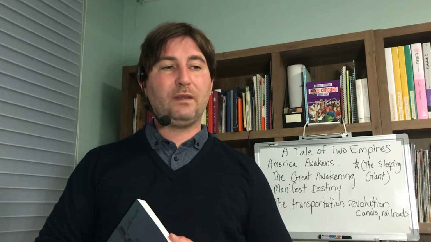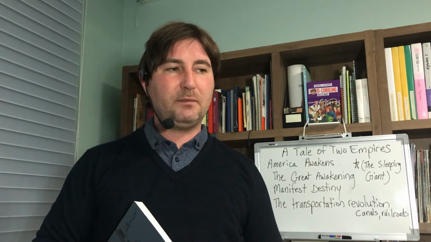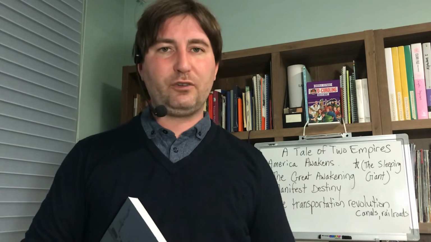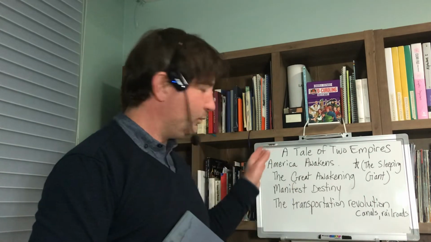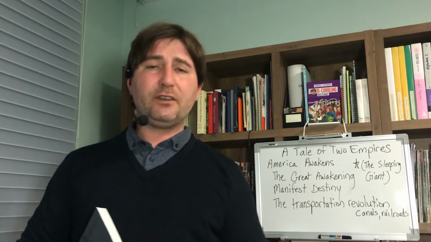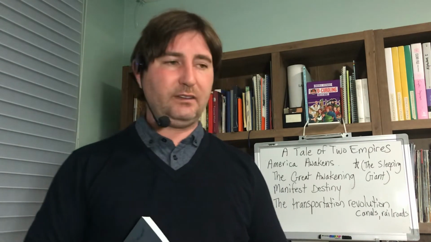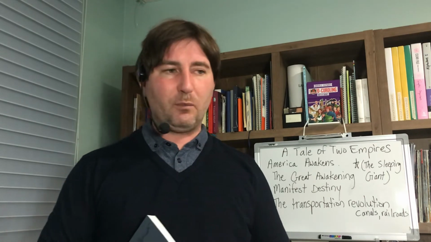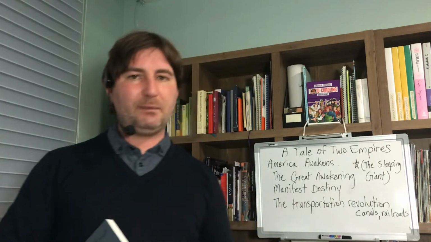They start having cotton mills being made in America itself, in the North. So the North starts to industrialize, and in the second lecture we're going to talk about the Civil War, and this is one of the things that marks the difference between the North and the South, is that the northern part of the United States has industrialized to a much larger degree than the South. The South is a plantation economy, and the North is an industrial economy by the time the Civil War starts.